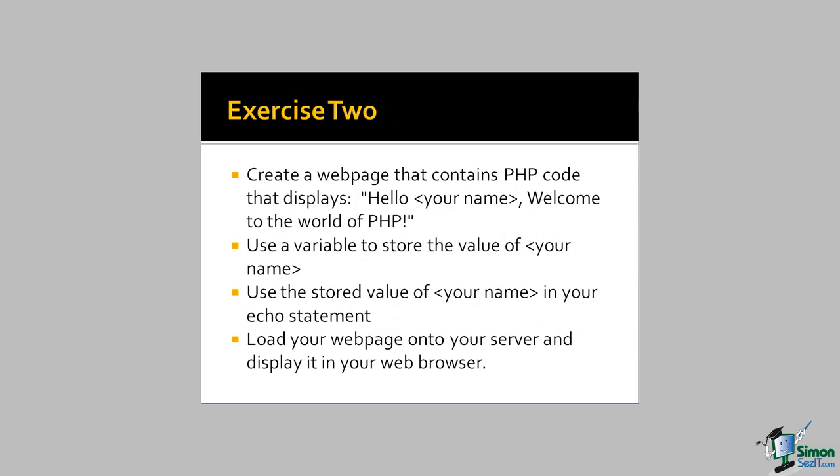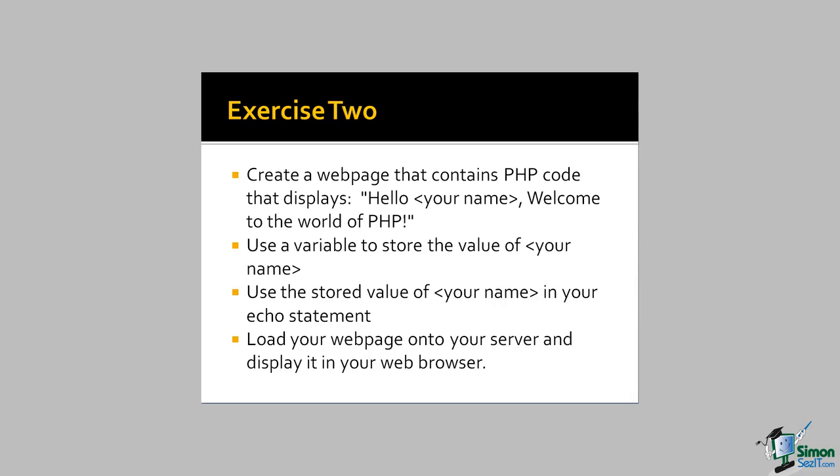So we're going to do an exercise now to demonstrate some of these variable techniques. We're going to create a web page that has PHP code to display, "Hello, whatever your name is, welcome to the world of PHP." Now, instead of just typing your name there after the hello, we're going to use a variable to store the value of your name.